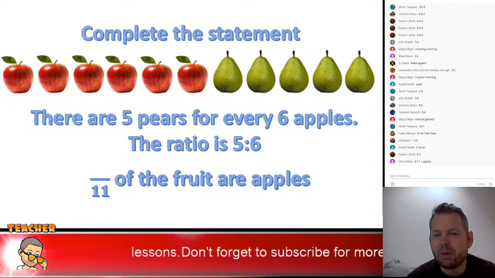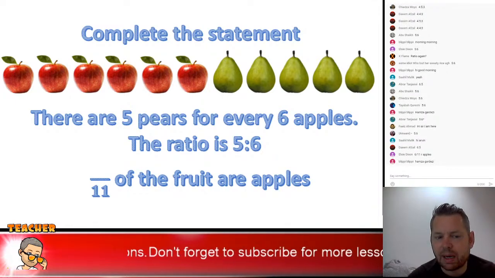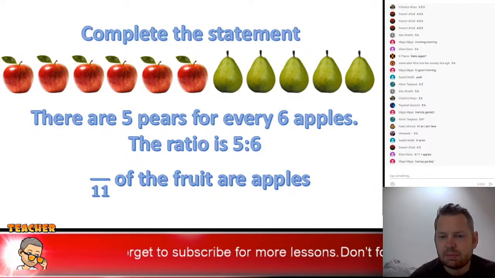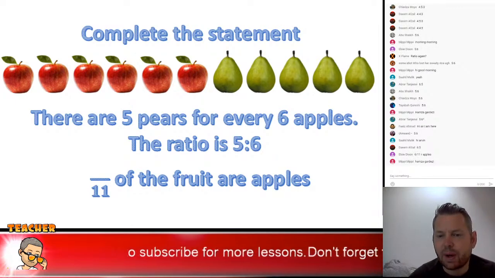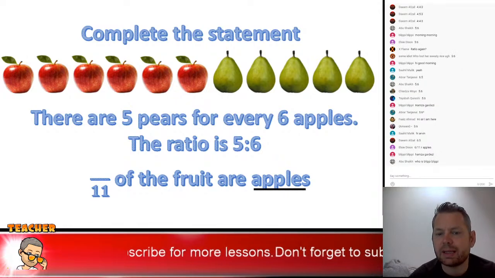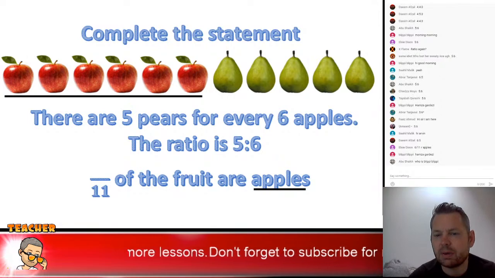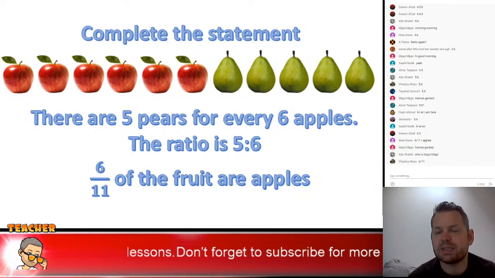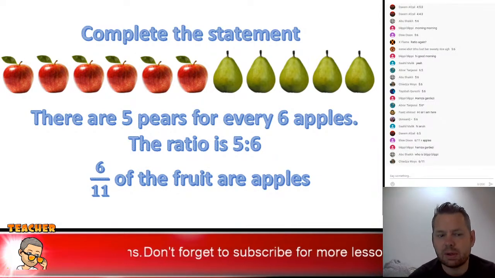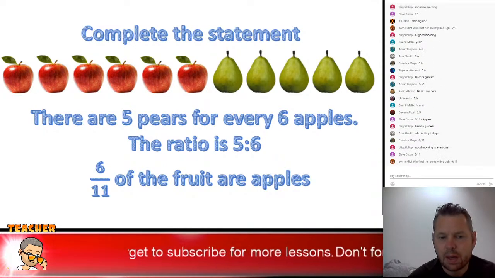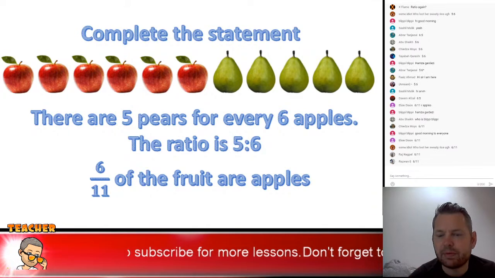And then we look at how many of the particular part that we need. So in this case, it says something 11ths of the fruit are apples. Well, actually, it's asking us to look at the apples only. So we count the apples and we know that the apples are 6. So 6/11 becomes our fraction. Okay. So that's a small recap of last week.